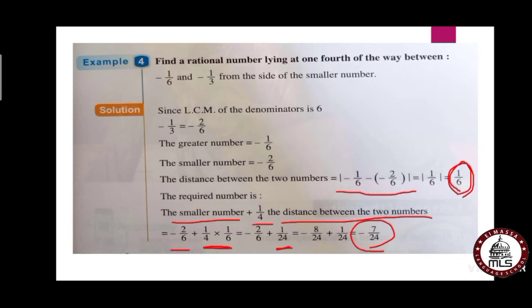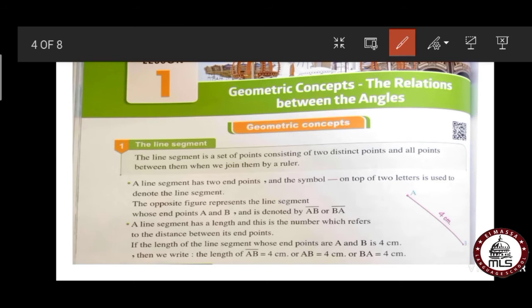Okay, the first lesson in geometric concepts. Number 1, line segment. As we see here, AB is 4 centimeters. With two end points, it's a line segment, and I can measure the line segment.